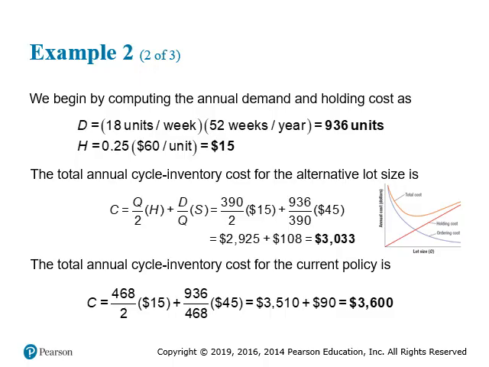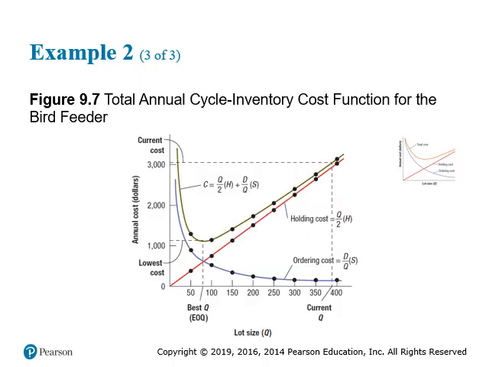Sure enough, if we go up to 468 and do the computation, we end up with $3,600 for our ordering policy cost. Like we saw on the previous slide, moving from 390 to 468 in terms of our quantity only increased our total cost.